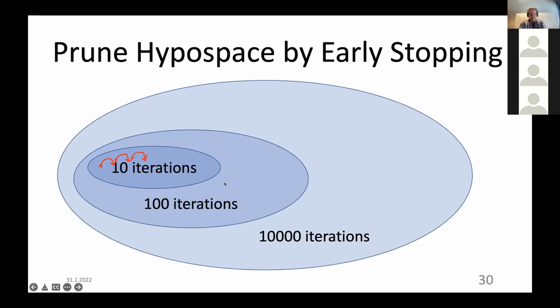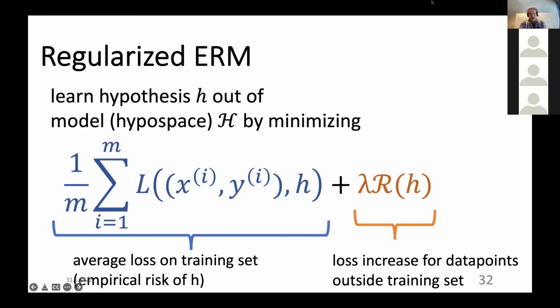Okay. And now comes maybe the main slide of this lecture today. Regularization is a form of soft model pruning. So we reduce the effective set of hypotheses from which I can choose by solving this empirical risk minimization problem.